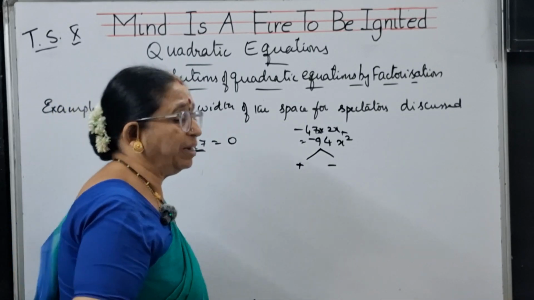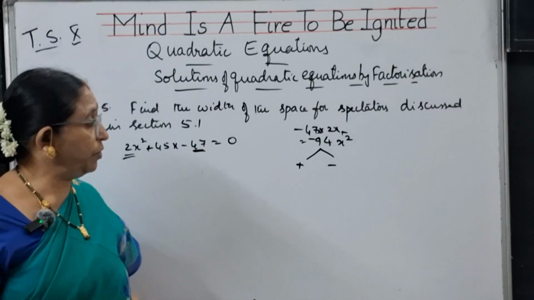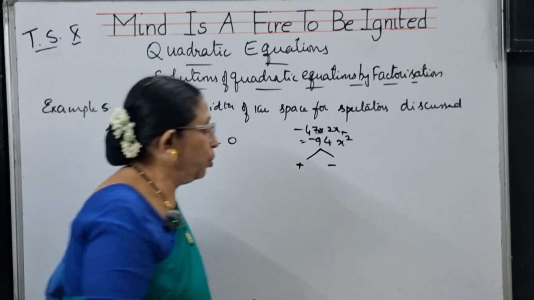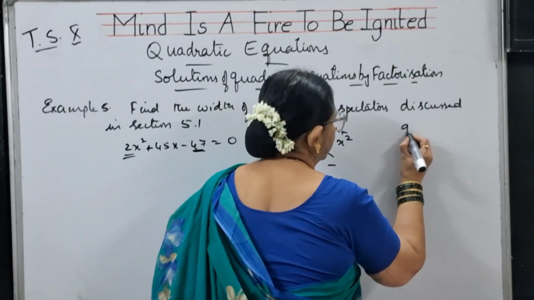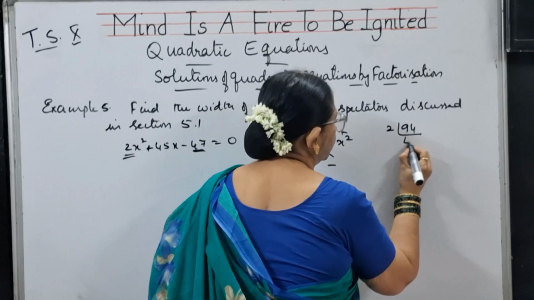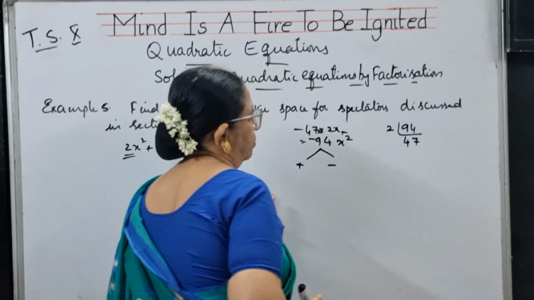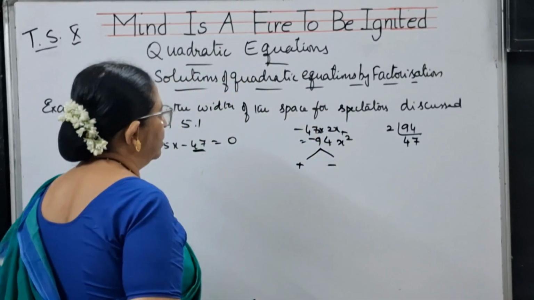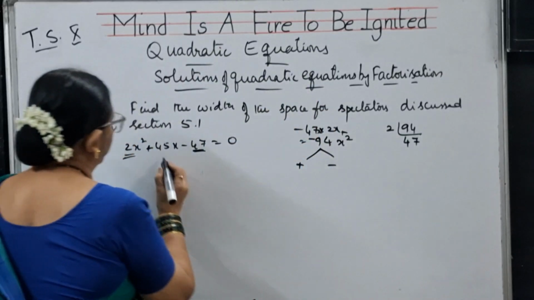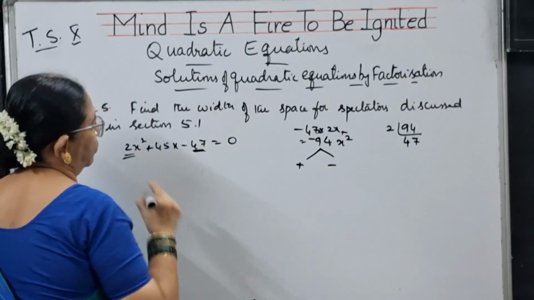See, earlier we have done 6, which is a very small number, so you know the factors. If you get big numbers like this, what do you need to do? Take that number and find prime factorization. 2 fours are 8 and then 2 sevens are 14. Now here, see, we need 45. 47 minus 2 is 45.